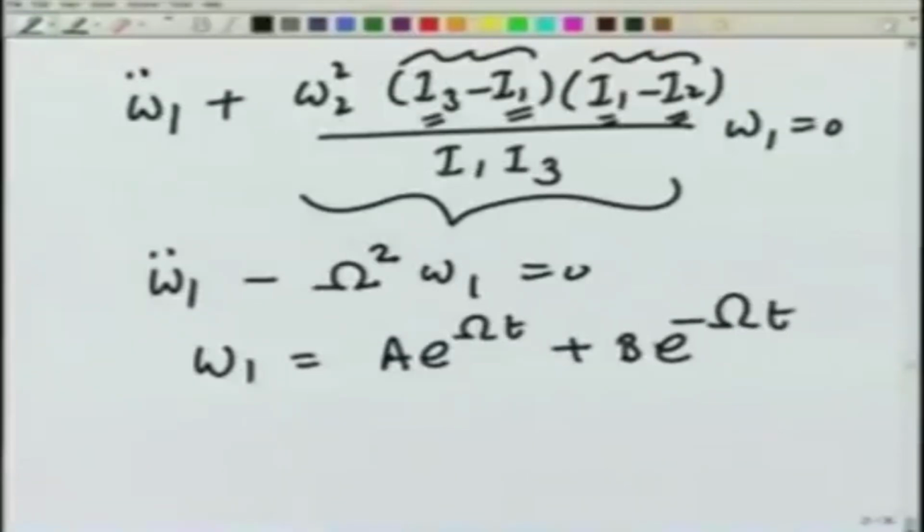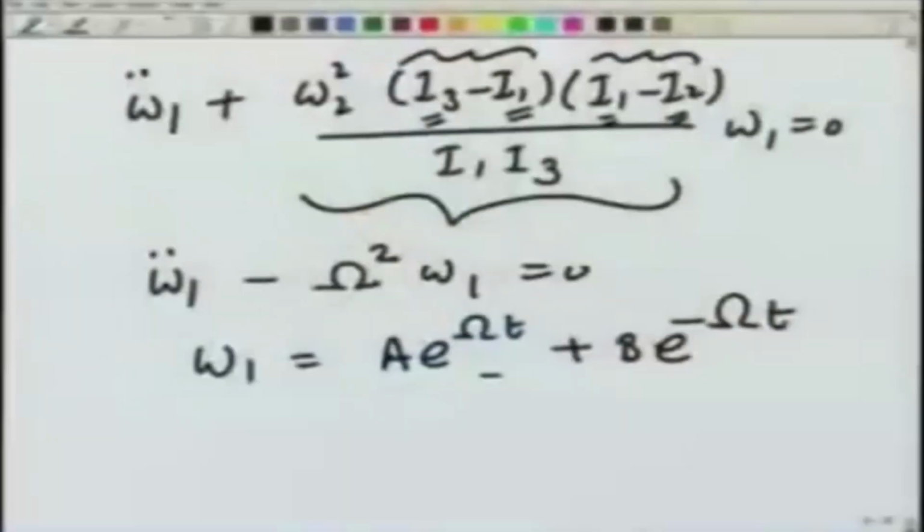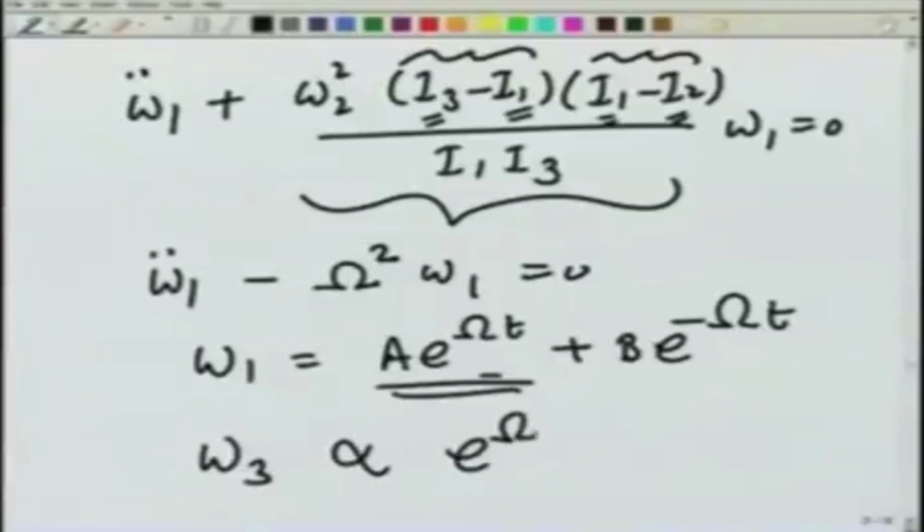So whereas earlier when we gave spin about the axis which has the smallest moment of inertia or the largest moment of inertia, the other two angular velocity components were just changing periodically slightly. Now omega 1 grows exponentially. You can similarly show that omega 3 would also be proportional to e raised to omega t.